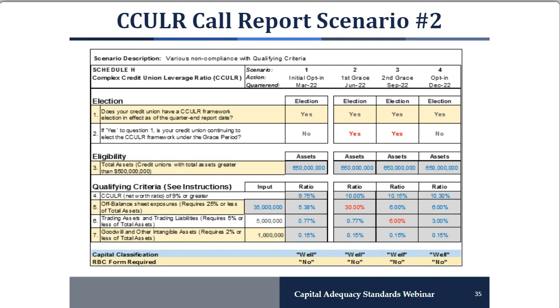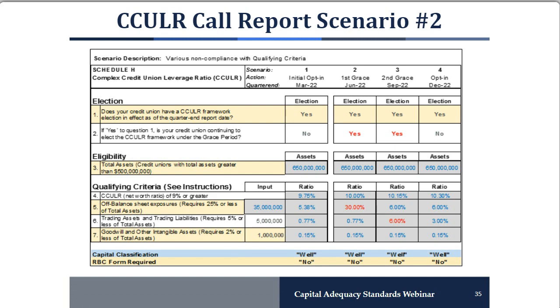So in the subsequent 2 quarters, while their net worth continues to exceed 9%, the credit union fails other qualifying criteria. Again, for June 30th, 2022 and September 30th, 2022, the credit union can continue to opt into the CULR framework, but must also select yes in question 2, indicating they are opting in under the grace period.